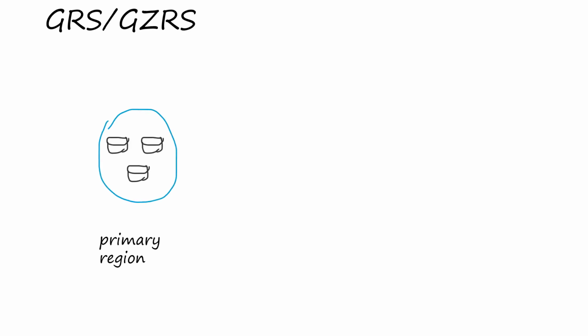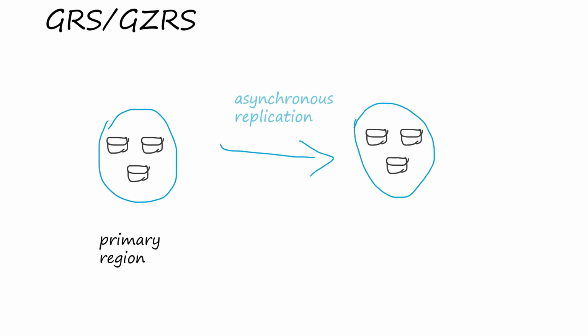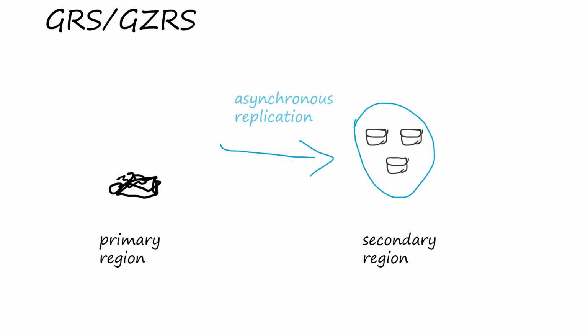If you're using either of the geo-redundant options, then you'd normally only have access to the primary region. Azure will continue to do asynchronous replication to the secondary region, but under normal circumstances you don't get to see it. If a disaster occurs in the primary region, then Azure will fail over to the second region and you'd be switched over to it automatically.